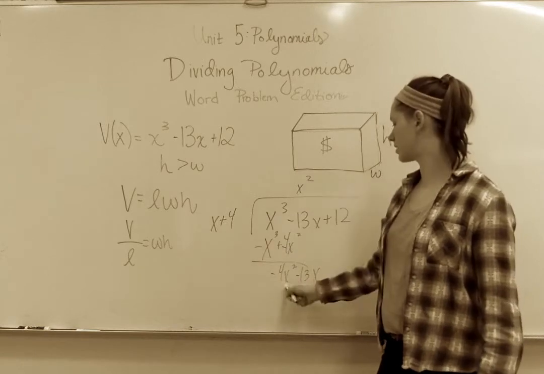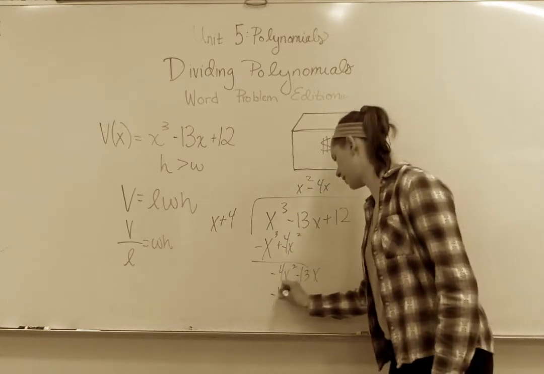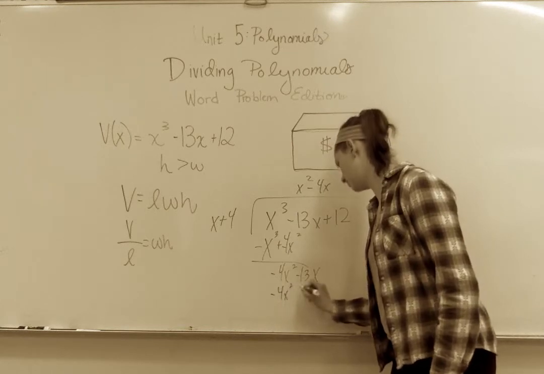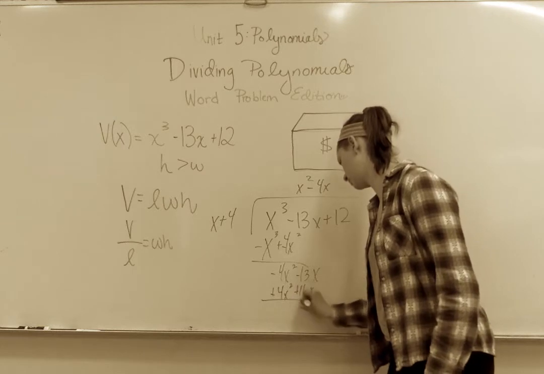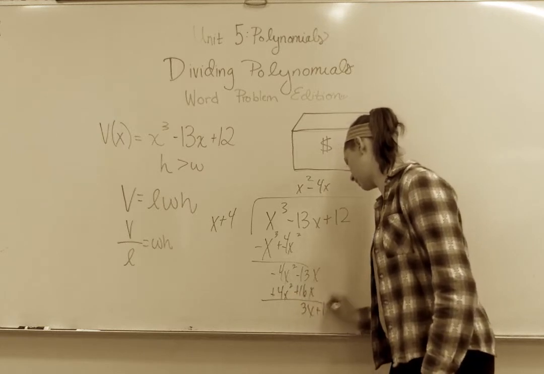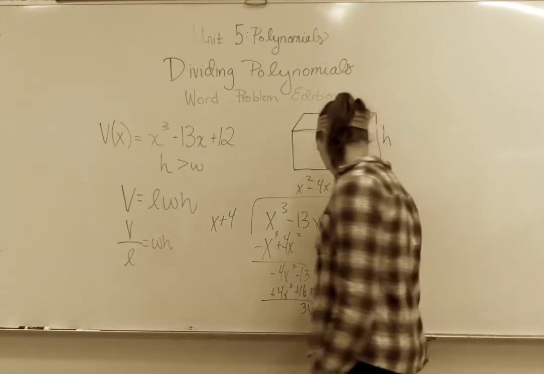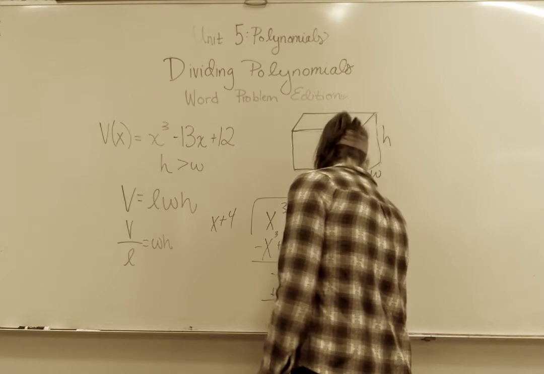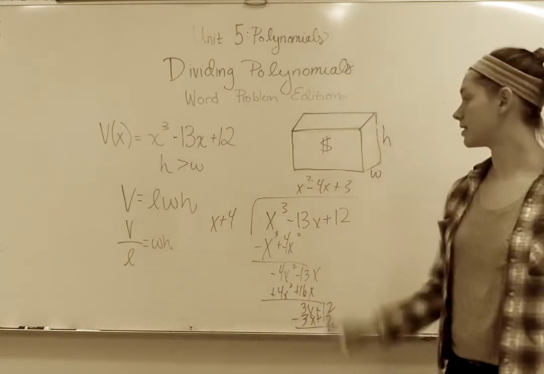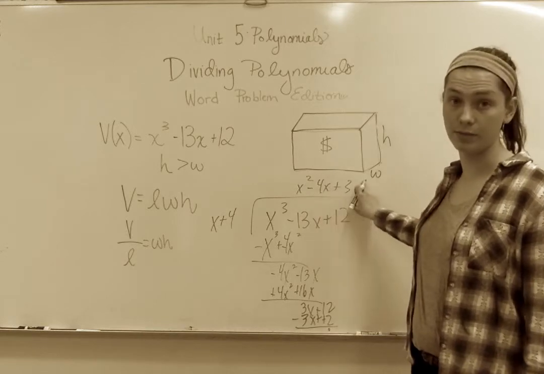Then x times negative 4x gives me negative 4x squared. And last up, I have a positive 3. That will give me no remainder. Great. So now what I found is that width times height is x squared minus 4x plus 3.